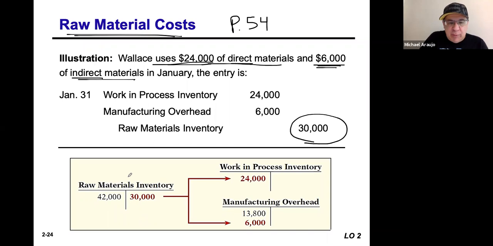So as you notice, raw materials, the inventory account, this is sort of a little peek at the ledger, will show a reduction of raw materials of $30,000 because $24,000 of those materials have been put into the work in process inventory account, and $6,000 of those materials have been put into manufacturing overhead for this job.